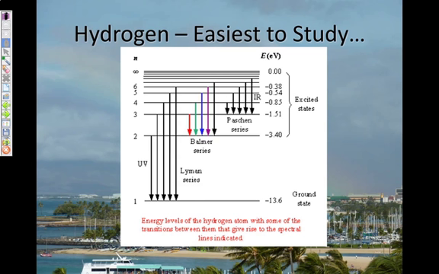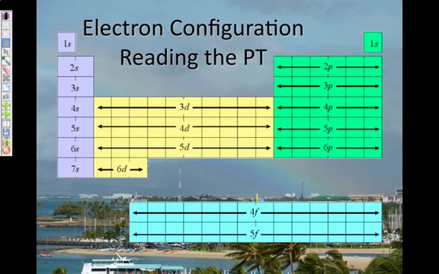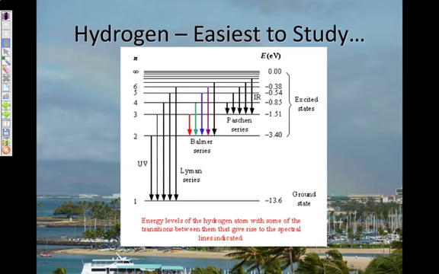If we're going back down to the original ground state from any of these energy levels, then we're able to sense UV energy. As we add more electrons, these atoms become much more difficult to study, and much more calculus goes into that as well.